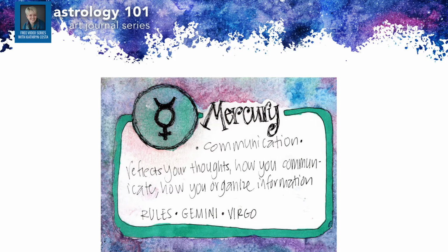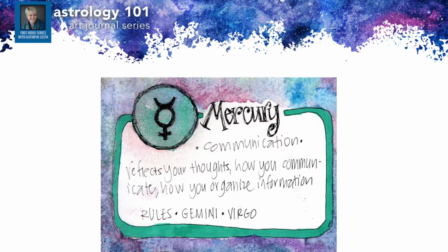Both of these signs are great communicators, but they communicate in different ways. So we not only say that a planet rules a sign, we may say it's native to that sign. So the characteristics of Mercury show up strong in those who have Gemini and Virgo. So for example, there's a distinction between the two of these.